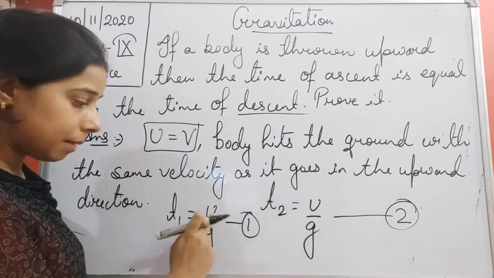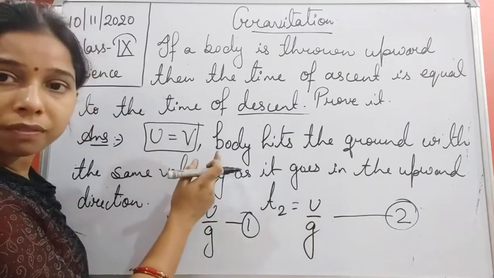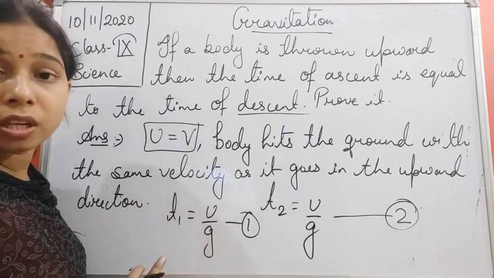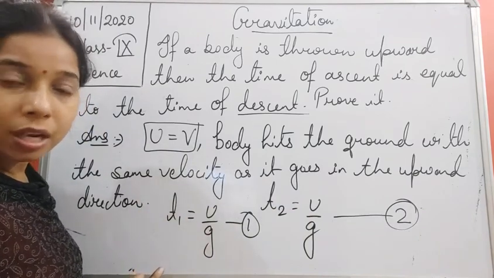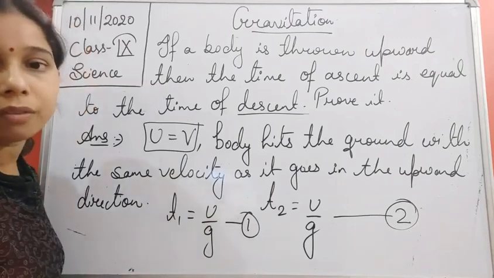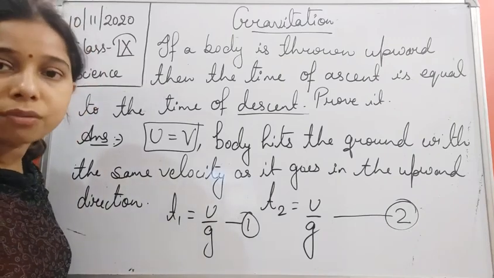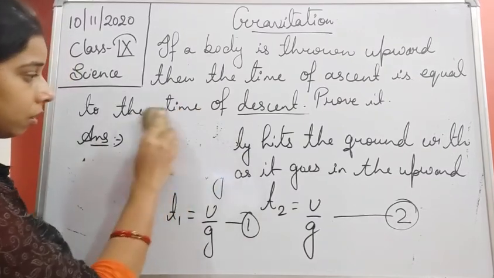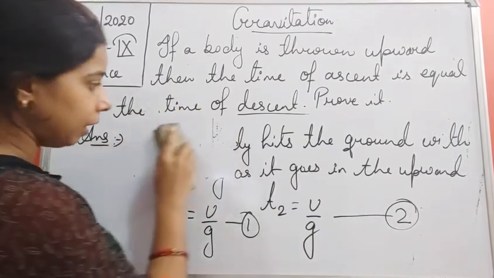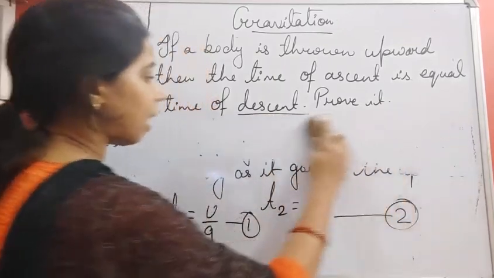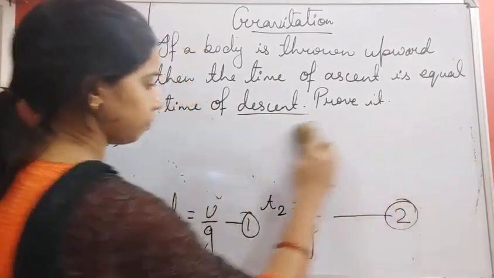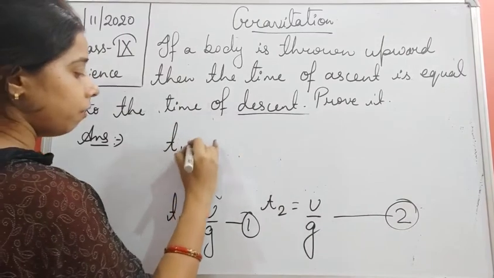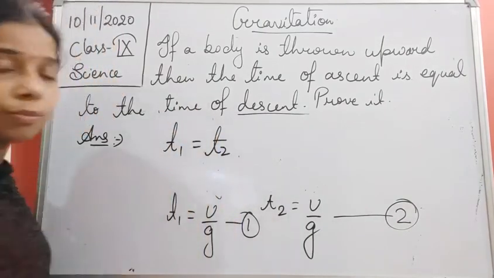If you write v in place of u, because both of them are equal, t1 will be equal to v upon g, and t2 is also equal to v upon g. So the values of t1 and t2 come out equal, and through this we can say that t1 will be equal to t2.